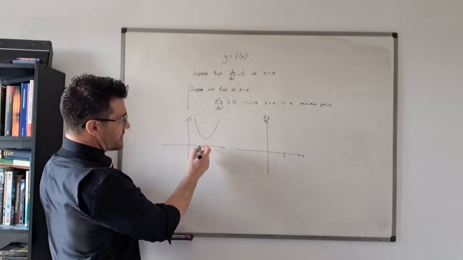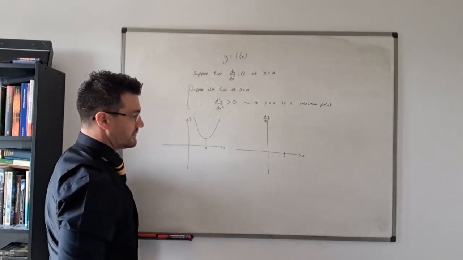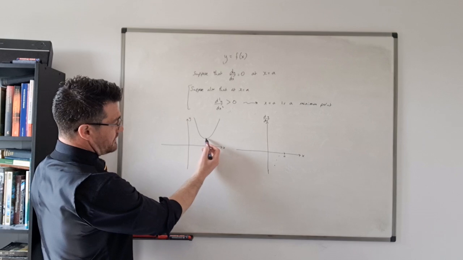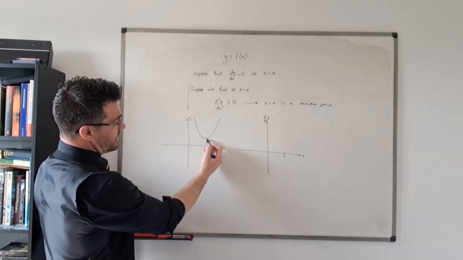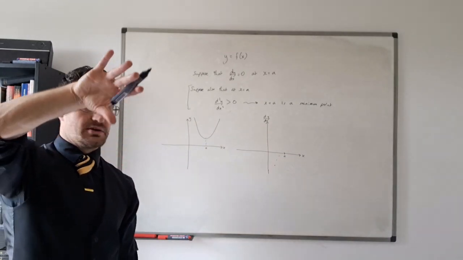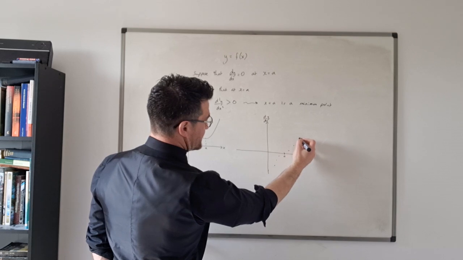And then when we get to a, the gradient of the tangent line is going to be 0. And once we get beyond a, the gradient starts off slightly positive and then becomes increasingly so. So we get something that looks maybe like this.